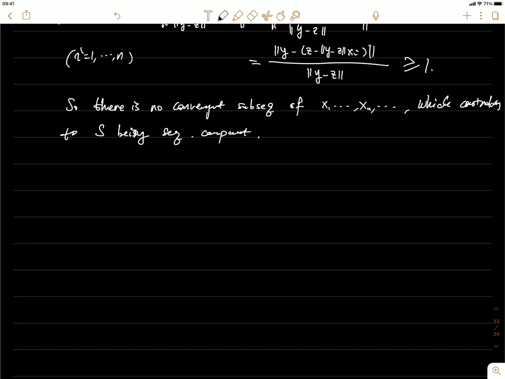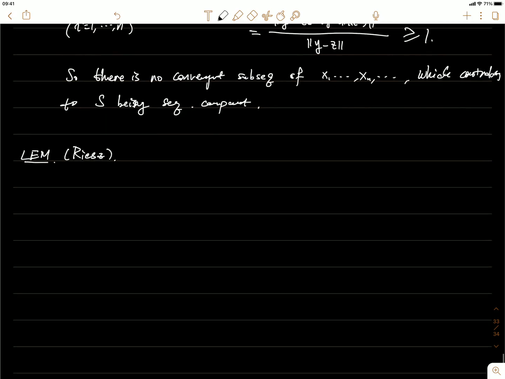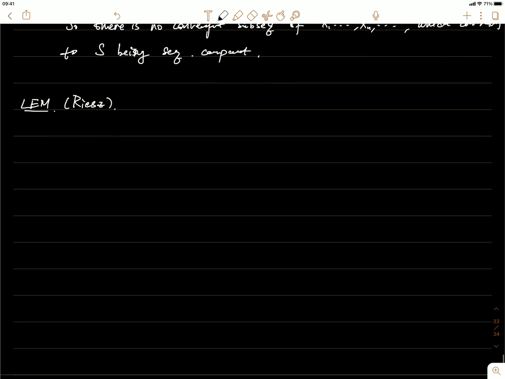Okay, so the last result is due to Riesz. Okay, so what it says is this, suppose I have a B star space, and X naught is a proper closed subspace, say.